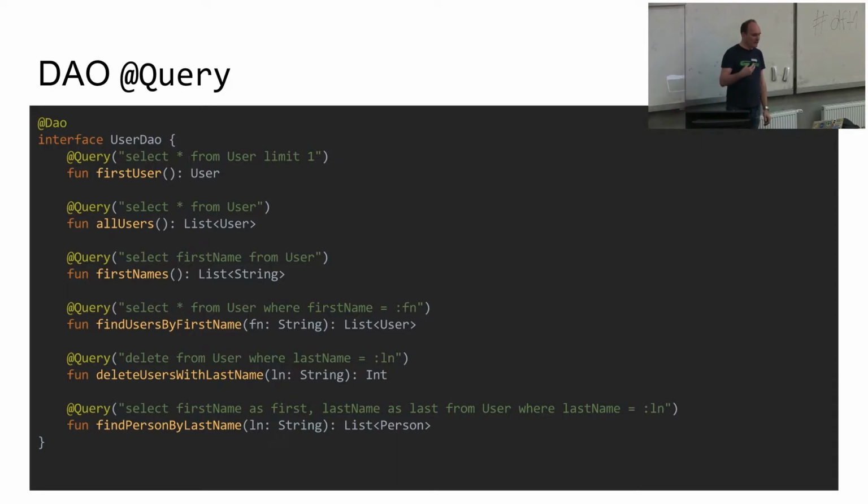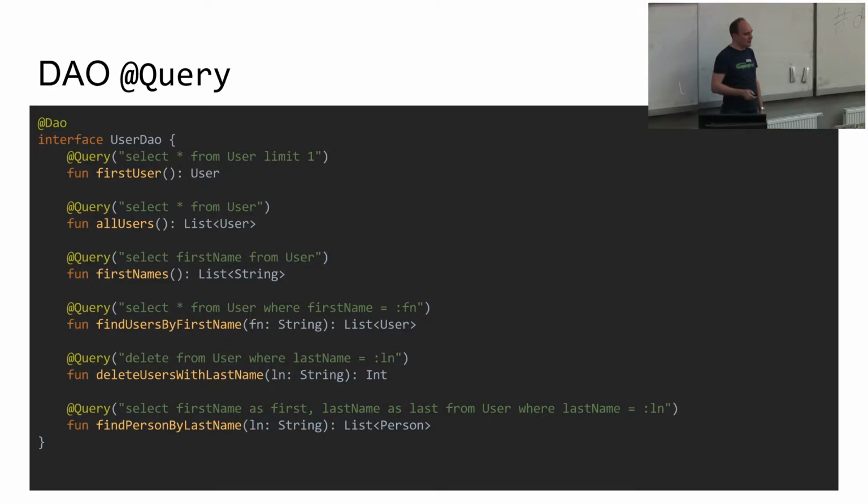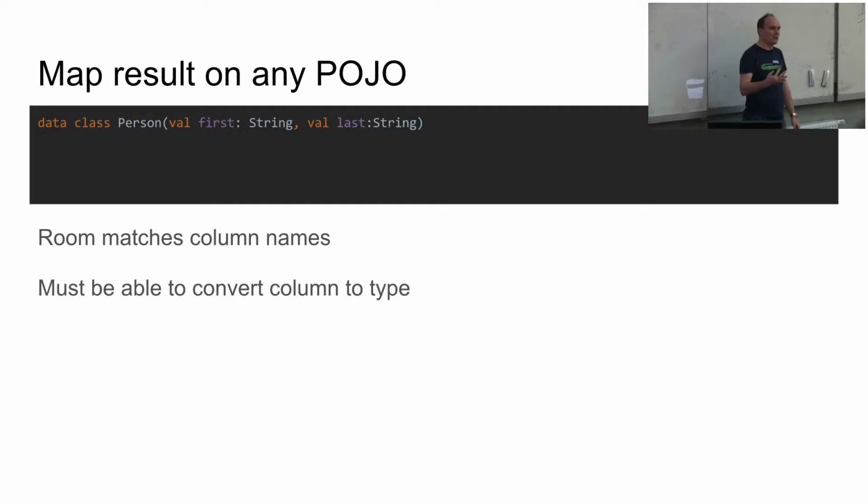And the last example is where we map the result onto a POJO by basically renaming the first name column to first and the last name to last, and then specify that we want a list of persons. And the reason why we are renaming this is because the POJO, in this case, doesn't have a first name and last name field, but it has first and last.